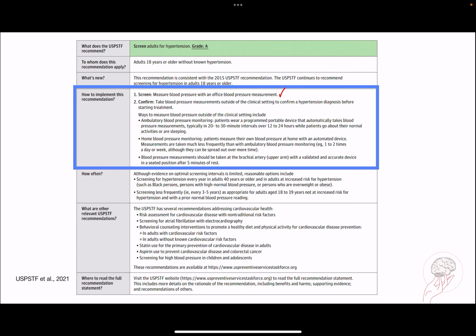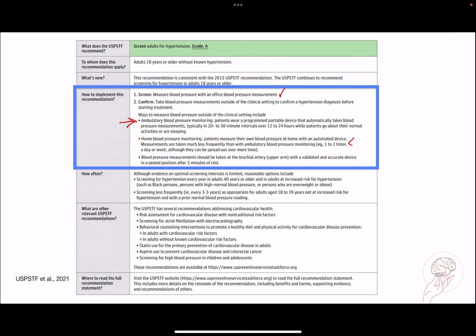There are ways to measure blood pressure outside of the clinical setting. You would possibly be wearing an ambulatory blood pressure device. That's a programmable portable device that automatically takes blood pressure measurements, usually in 20 to 30-minute intervals, while people are going about their normal activities.